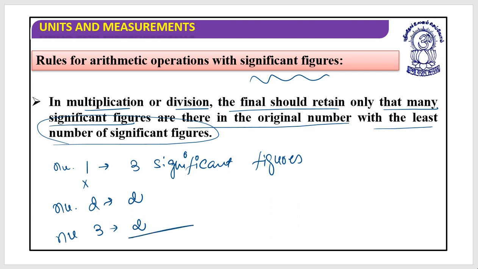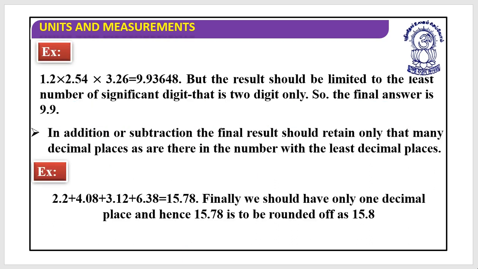Then my answer should have 2 significant figures only. So here I need to apply the rule of significant figures, as well as the rule of rounding off a number, because when I use only 2 significant figures, other data must be dropped, and when they are dropped, the rounding off rules must be applied. Yes.